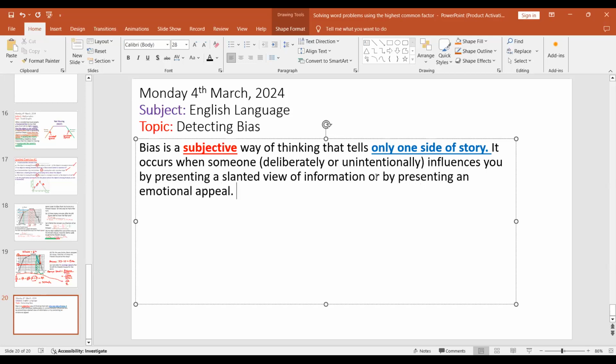Right? So when something is biased, they might try to play on your emotions.